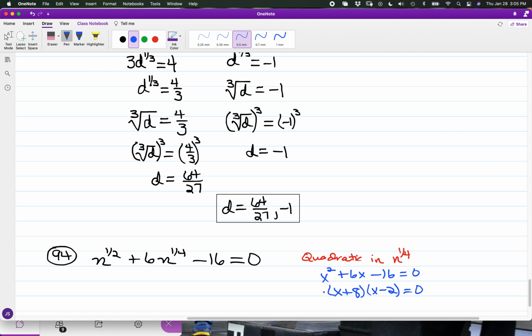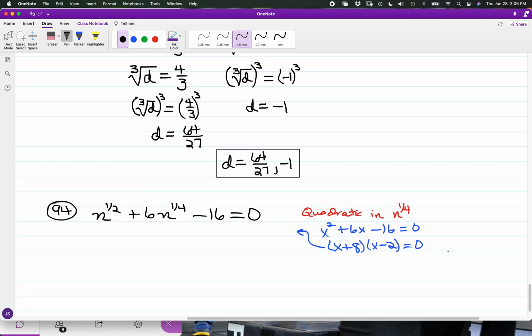So analogous to this factorization, but in the case of the degrees in n, x plus 8 translates to n to the 1/4 plus 8, times the quantity n to the 1/4 minus 2, is equal to 0, and then setting each of these factors to 0.